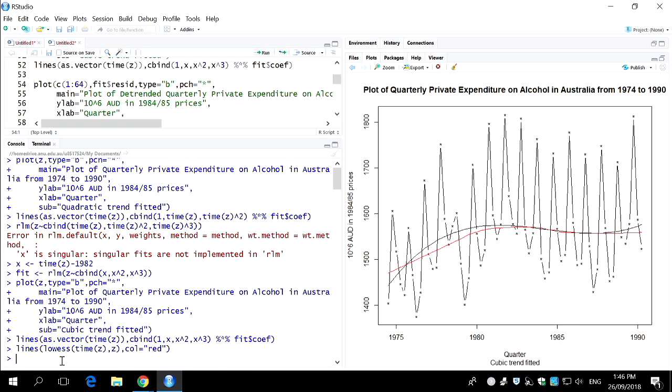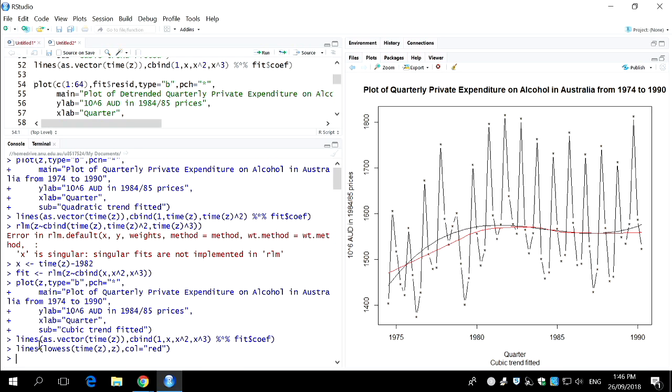So we look at that and we go, you know what, this looks good, right? They're pretty close to one another. Now there are some issues. Right at the edge there, the lowess curve is kind of not going up and the cubic is. They're a bit out down here, but it's not too bad. It's a pretty good model.